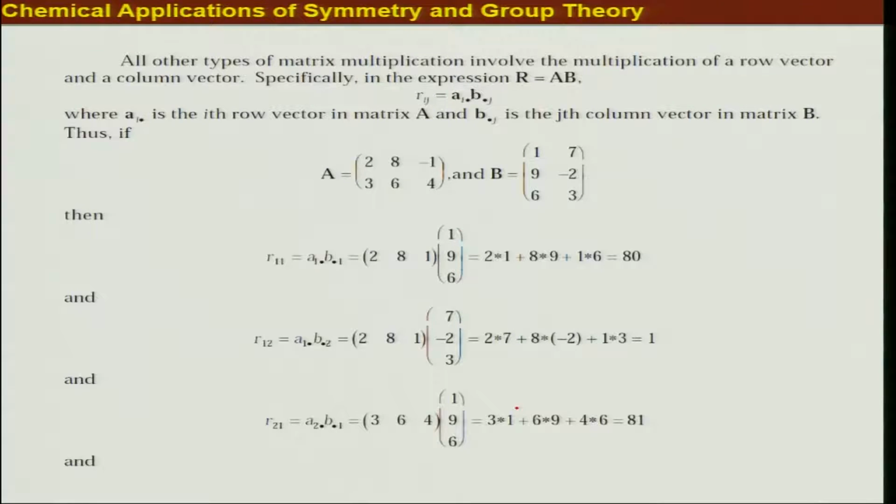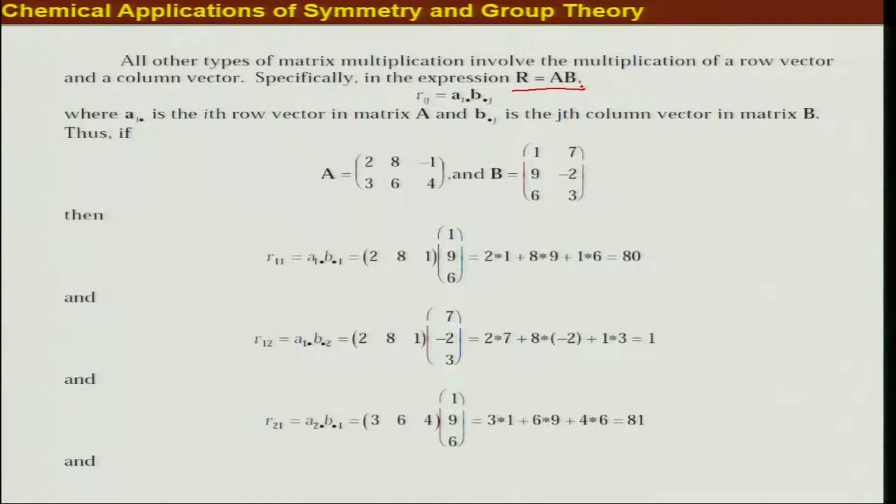Specifically, in the expression R equals AB, where A and B are two matrices and R is the resultant matrix of their multiplication, the small r, a and b represent the elements of those matrices R, A and B, which are written in capital letters and in bold font.